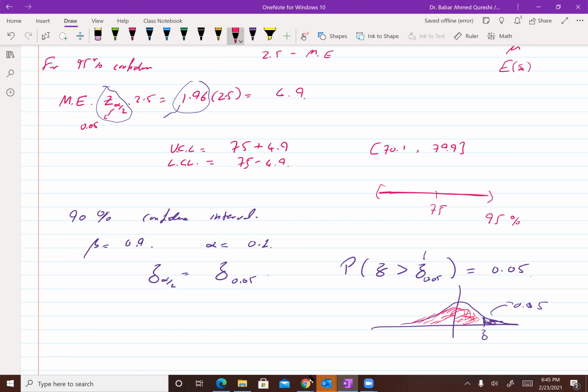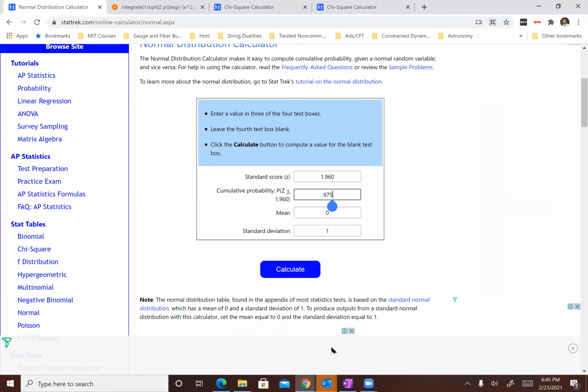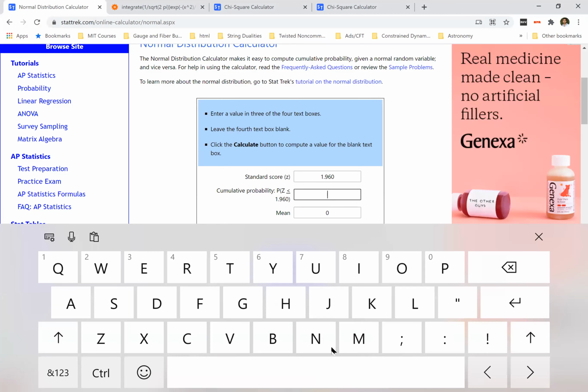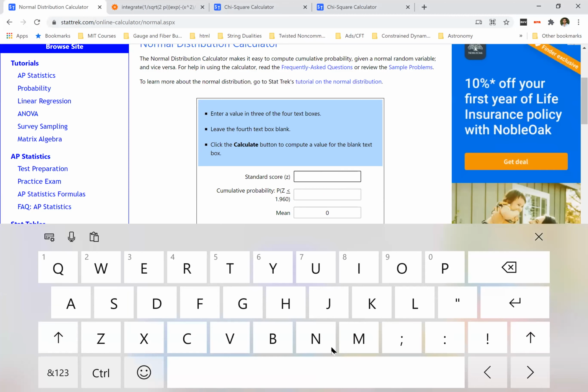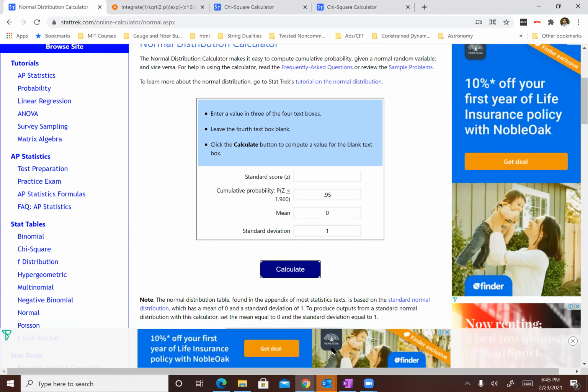I'm going to tell it, look for this value so that the probability that my z is less than this value is 95%, 0.95. So that gives me 1.645.